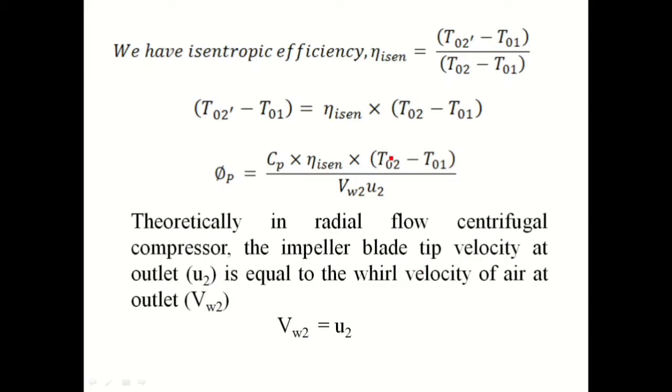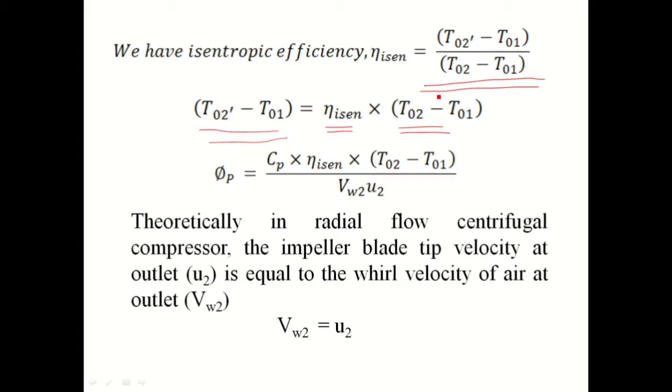We know that the isentropic efficiency is T02 dash minus T01 divided by T02 minus T01. So T02 dash minus T01 is equal to isentropic efficiency into T02 minus T01.